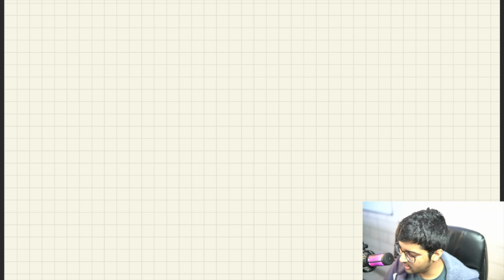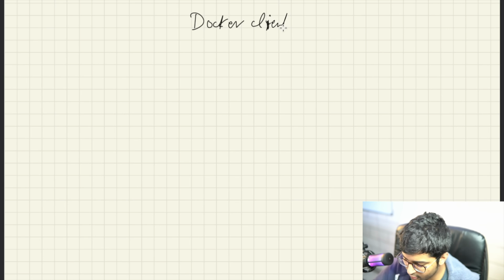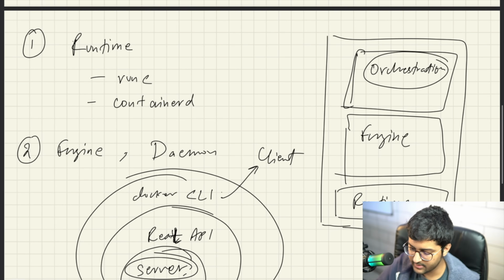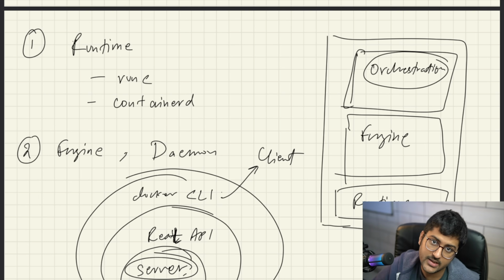So the Docker engine that we are currently talking about, right? We have a Docker client. A few things I want you to remember: I already talked about the runtimes, runc and containerd. I talked about what containerd does, and it also manages runc. I talked about what runc does, and runc basically starts and stops containers for us.